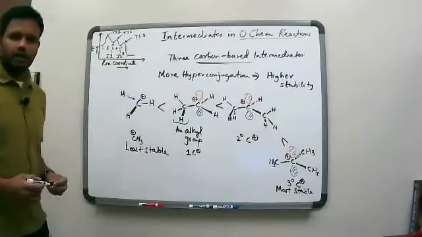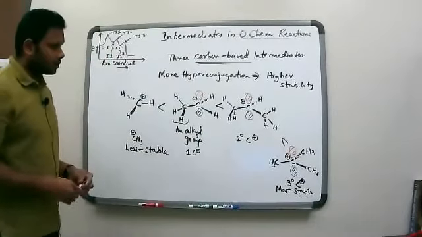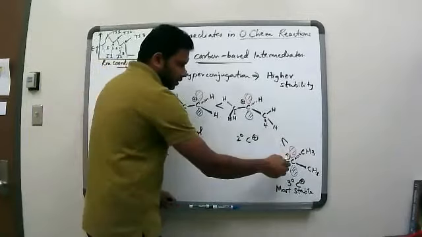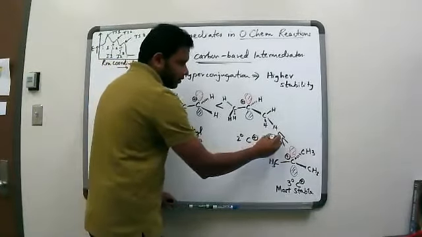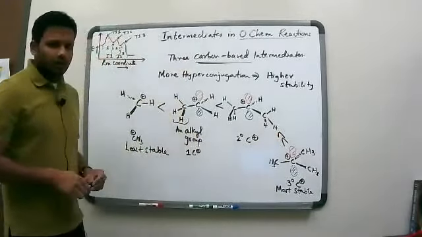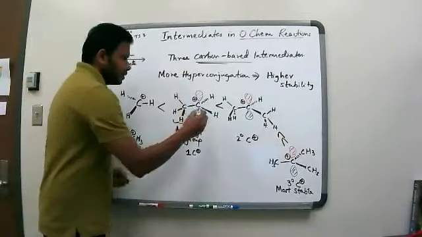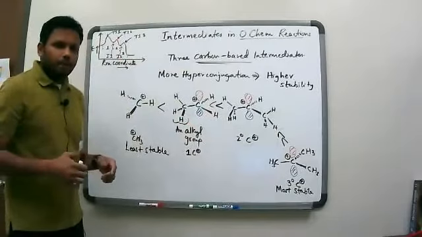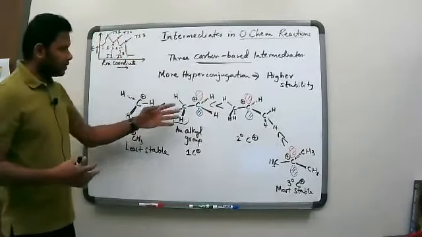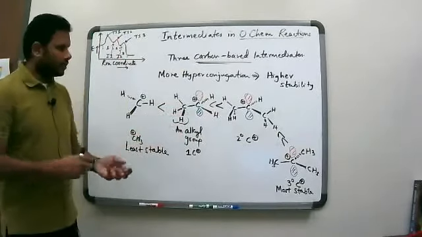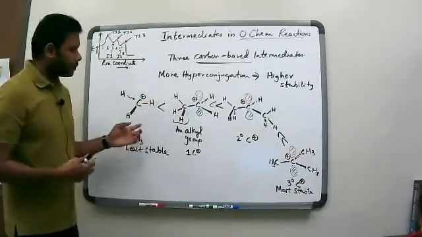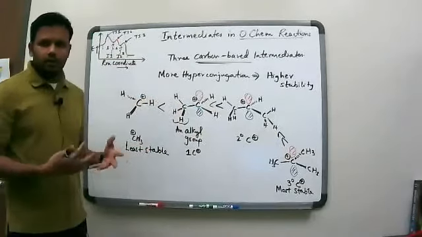In fact, the tertiary carbocation is way more stable than a secondary, which is again more stable than a primary. There are some exceptions where primary carbocations would exist, but usually we don't talk about species like a methyl carbocation.